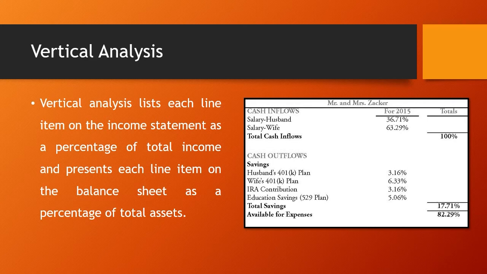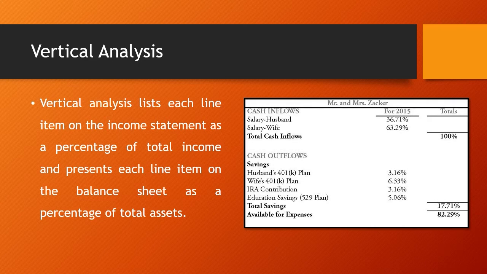We took our cash inflows and separated them, husband and wife, and it shows that Mr. Zacker's income makes up 37% of their income, and Mrs. Zacker's income makes up 63% of their income. Not super useful, probably not why this vertical analysis was done. What's more useful is these cash outflows.